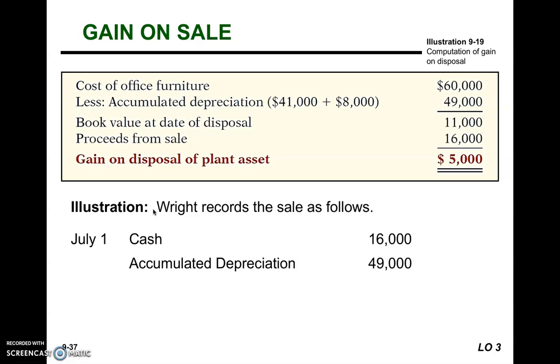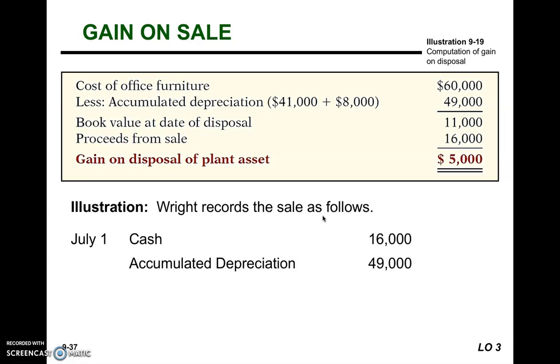We got cash of $16,000, and now we're going to compare the cash $16,000 versus the book value of the asset. What is the book value? The cost minus accumulated depreciation, the amount that we weren't able to use in the operation as of the date of the disposal. So since the proceeds are less than, in this case, actually proceeds are more than the book value.